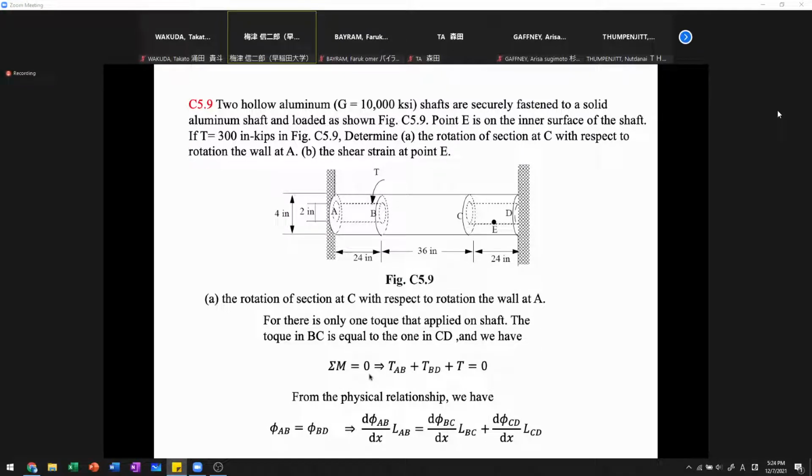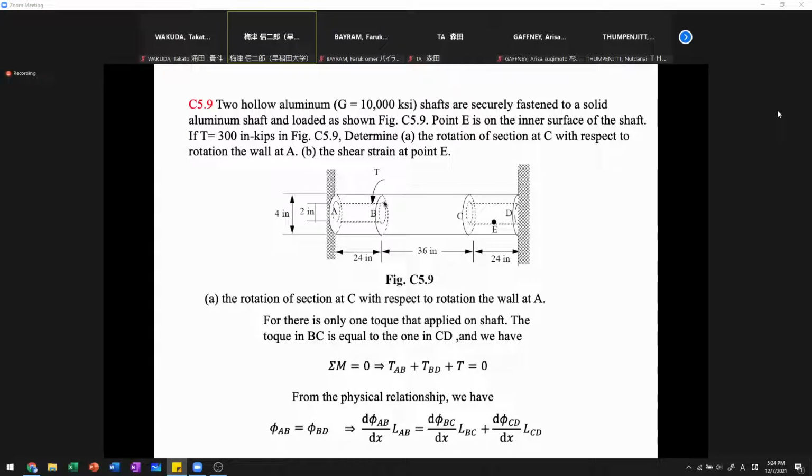And the geometrical condition and physical relationship are very important. Phi AB equals phi BD. Here the torque is applied, so that AB is twisted, and also BD is twisted. The angle of AB should be equal to the angle of BD.